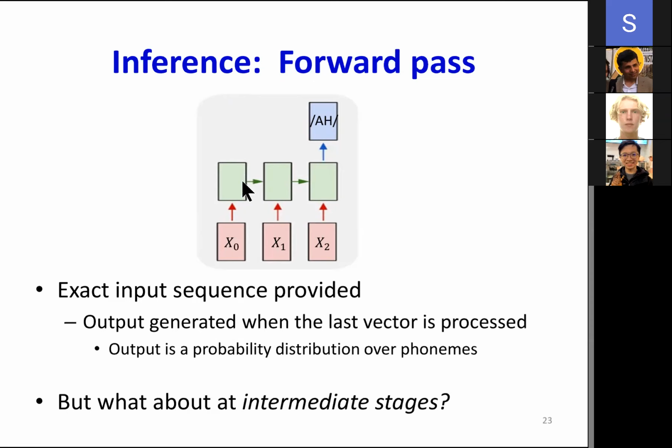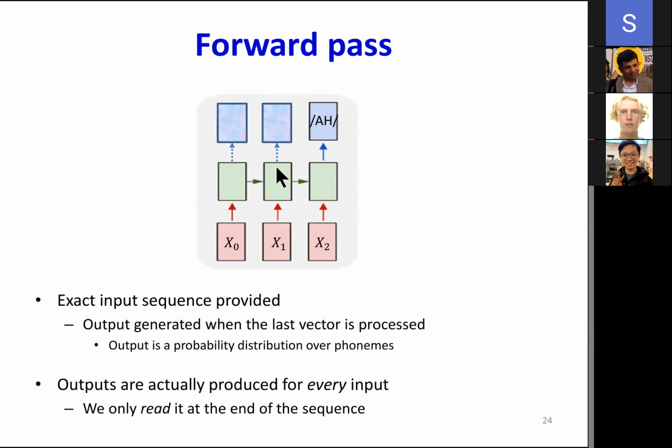This network, as we know, is very symmetric, meaning every column is exactly the same as every other column. And yet, we are only getting the output at the final input. So what do you think happens at other times? Can anybody take a guess? That's correct. You actually produce outputs at those times, but you ignore them. You only read the output at the end of the sequence.